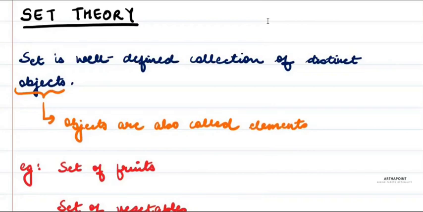So, the question that arises is, what is a set? A set is a collection of objects. For example, a collection of fruits is a set of fruits. A collection of vegetables is a set of vegetables. A collection of other things is a set of those things. So a set is a collection of objects.